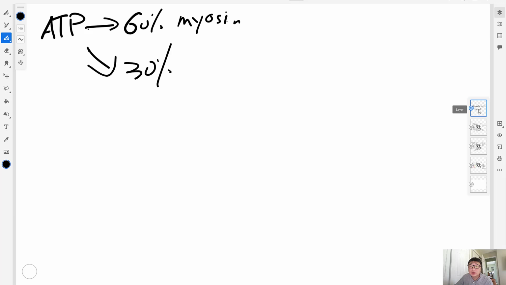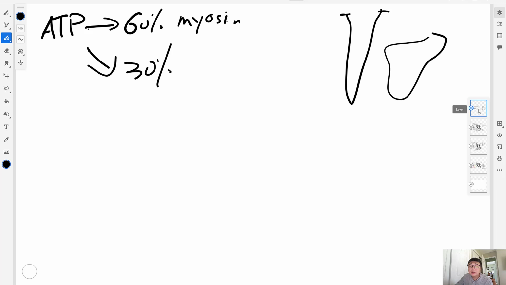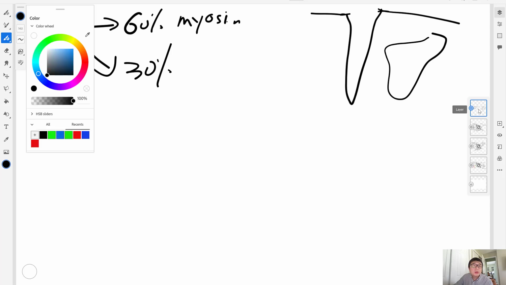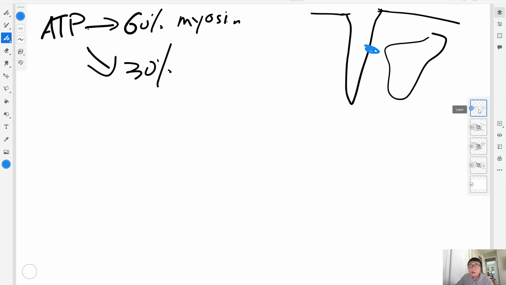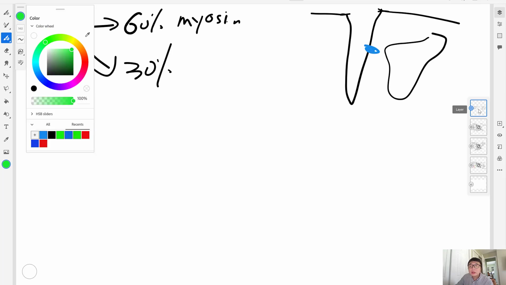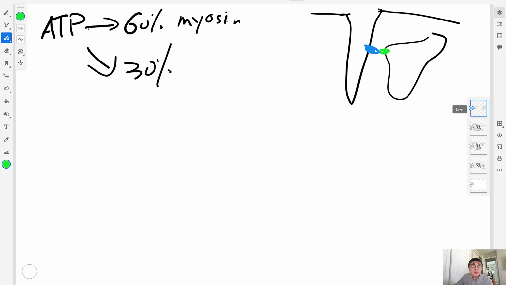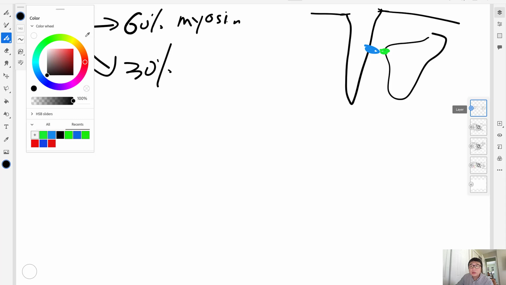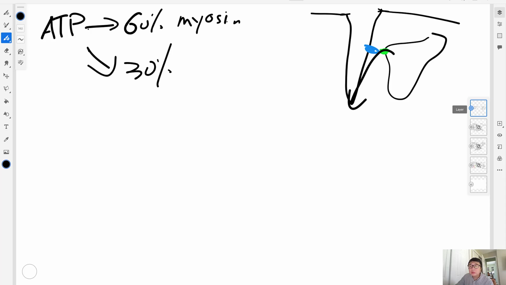Let's draw this again. This is the T-tubule, this is the sarcoplasmic reticulum, this is DHPR, and this is RYR. When RYR is open, calcium goes out, but that is only temporarily regulating muscle contraction.